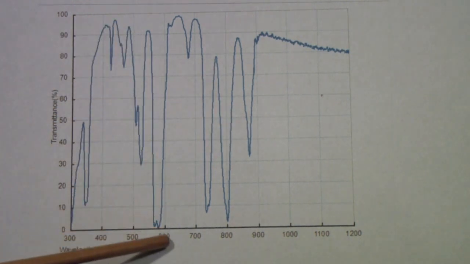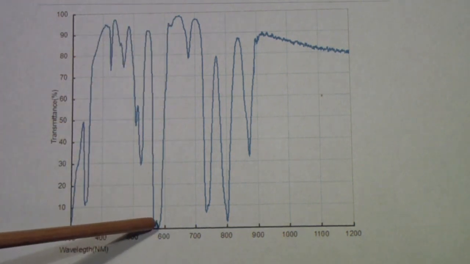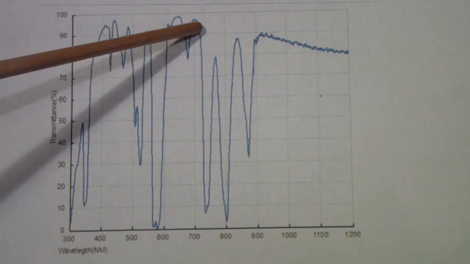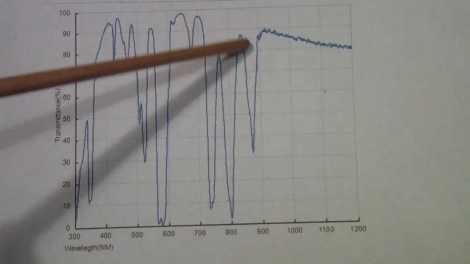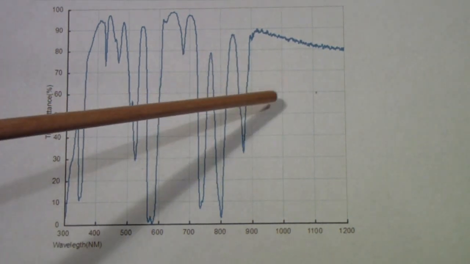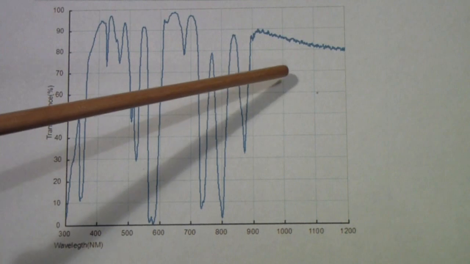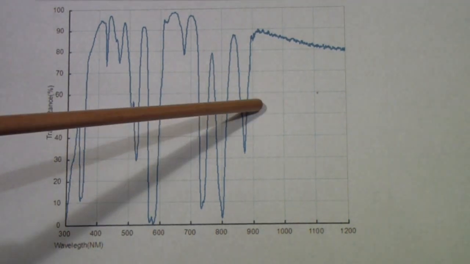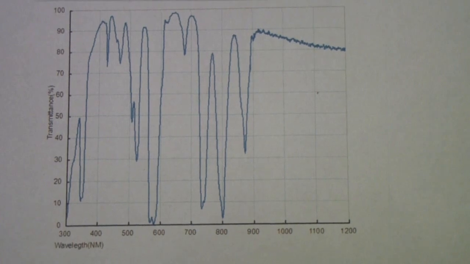Notice that it has the same very low transmission in the area of the high pressure sodium, but it tends to produce a bit more here, then it takes another dip and a third dip, and then goes out into the region where most people can't see anything, but photographic film or charge coupled devices, CCD cameras, can see things out here. So this is roughly the spectrum, or the absorption characteristics, of the SV Bony filter, which we will look at in the practical part.